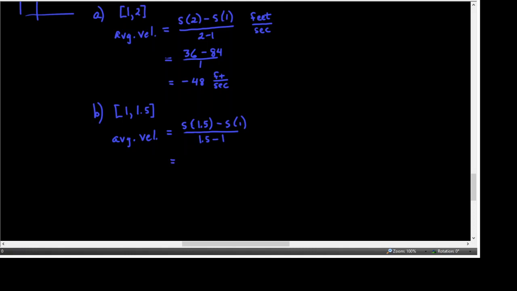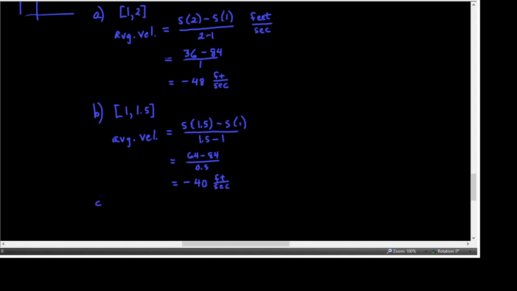If you do that substitution, s of 1.5 is 64 feet. s of 1 is still 84 feet. 1.5 minus 1 is 0.5 seconds. And so you should get negative 40. And again, the units are feet per second.